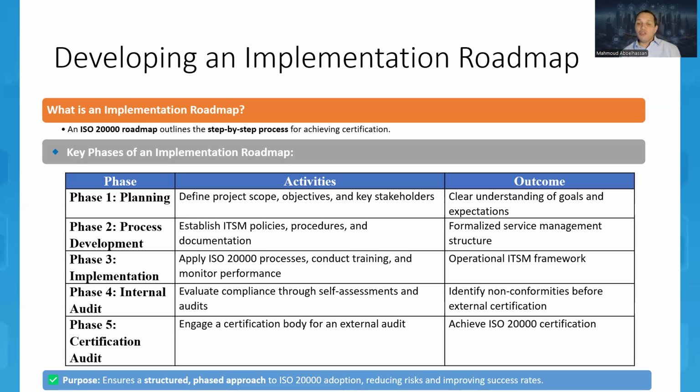Then we will achieve our final goal, which is the ISO 20000 certification. So the final purpose of developing and implementing the ISO 20000 roadmap is to ensure that we have a structured phased approach to ISO 20000 adoption, reducing the risks and improving our success rate.